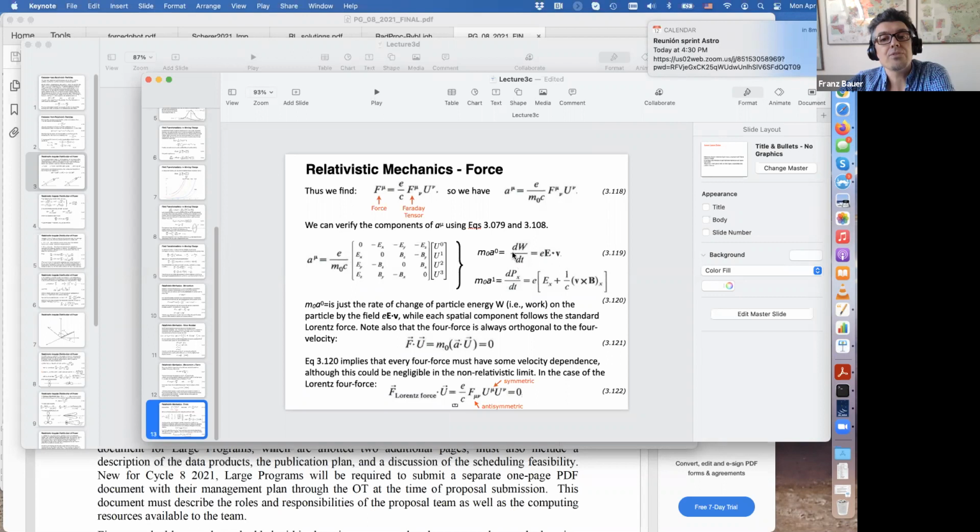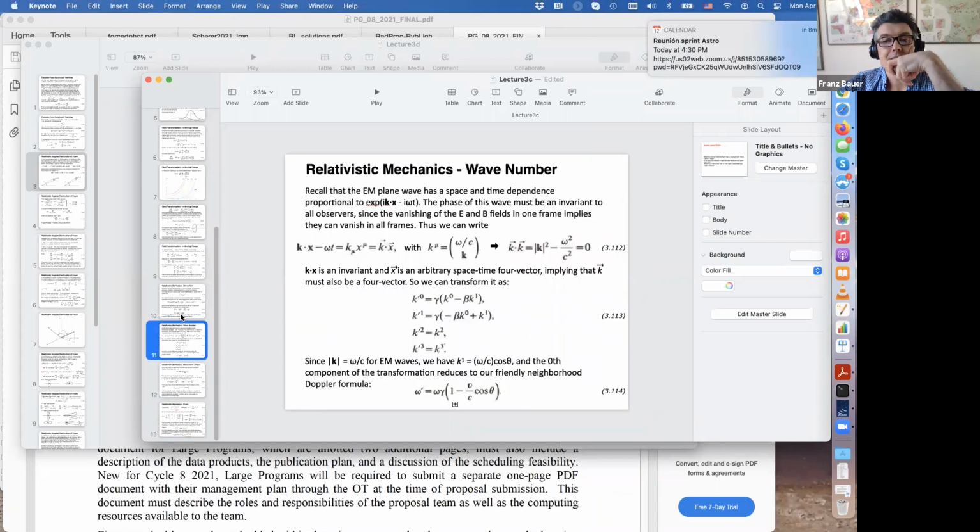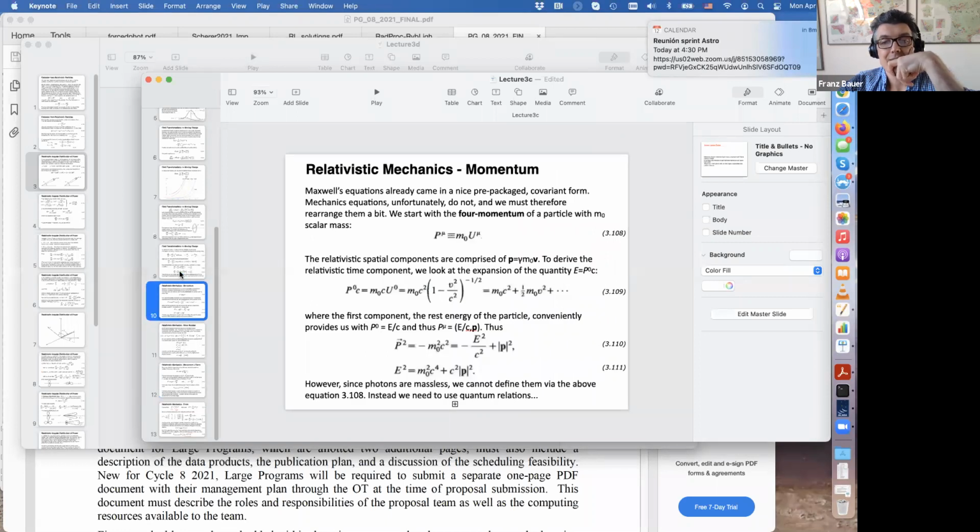Would this have the same units? No. Now I got myself confused a little bit. Let's see. What units does this have? Sorry.